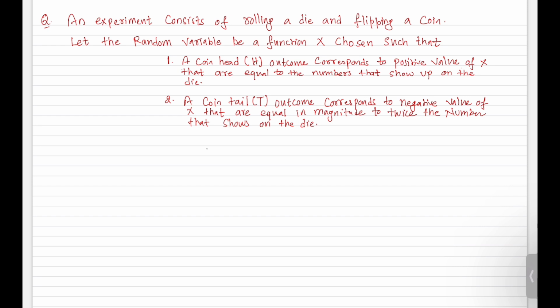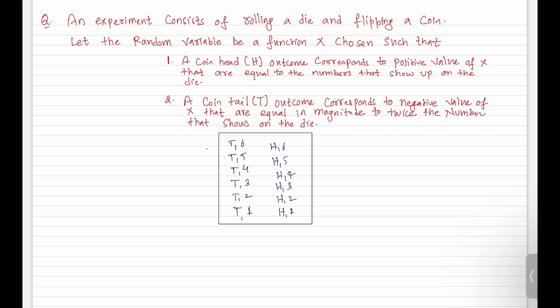With the head we will have maybe 1, and with the head we will have 2, with the head we will have 3, 4, 5, and so on. Similarly, since we are tossing a coin, we can also get the tail, and with this tail we will have all the combinations of the die roll too. I think this is pretty clear, right? So these are the possible outcomes, or the sample space of our experiment.